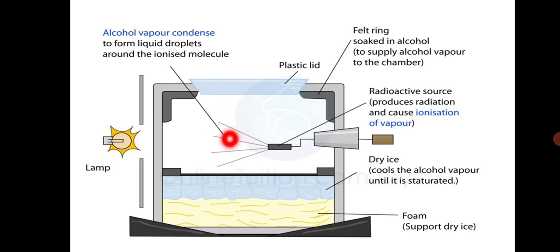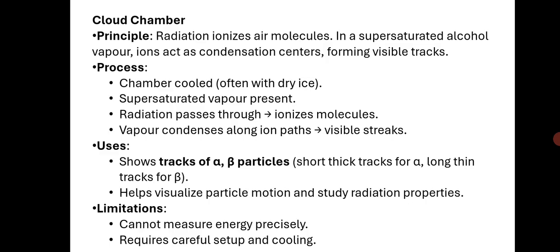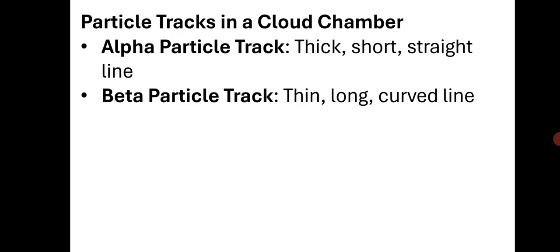The intensity and thickness of the tracks will tell you how much and the type of radiation under examination, under observation. Alright, so once again, you should be able to draw the diagram and use it to explain how the cloud chamber works. From the discussion we had in the previous slide, you can relate the diagram to what is being discussed here.